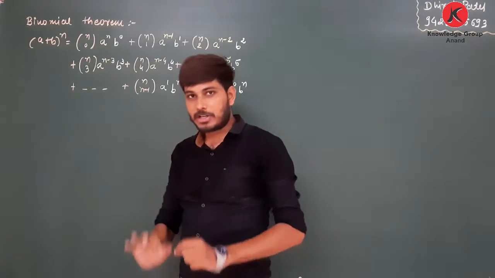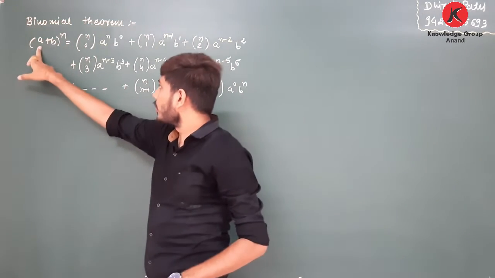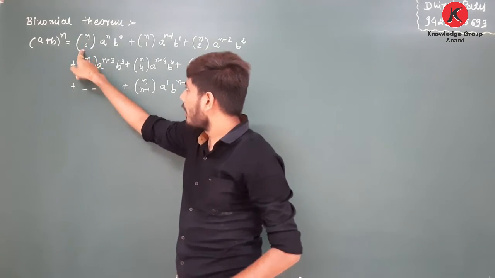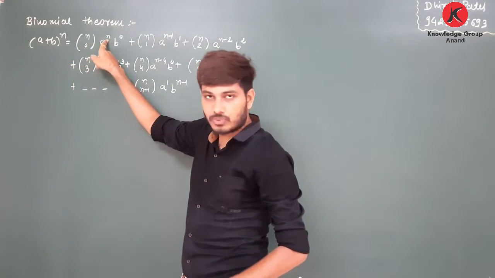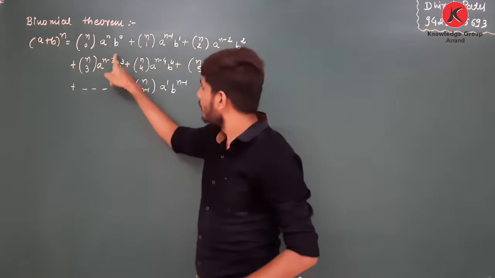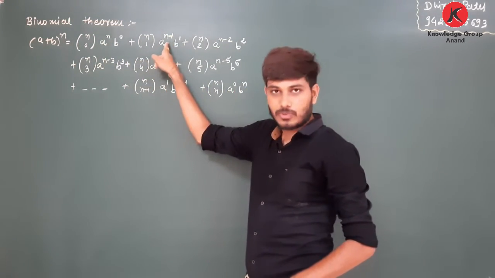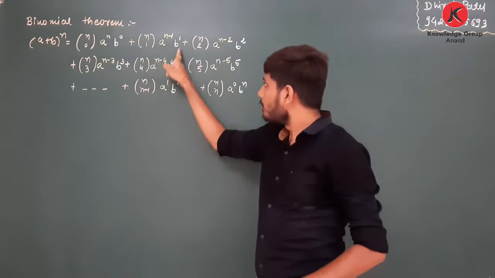We get 5c0, a raised to 5, b raised to 0 plus 5c1, a raised to 5 minus 1, means 4, b raised to 1.